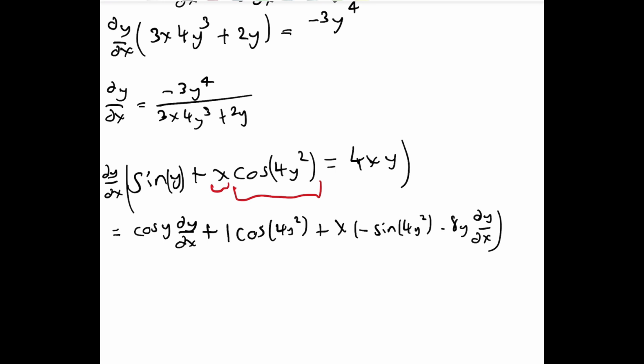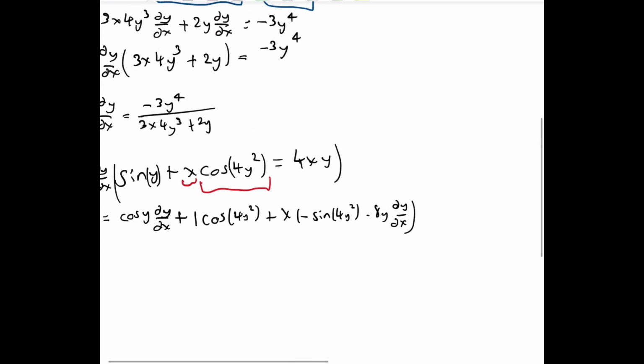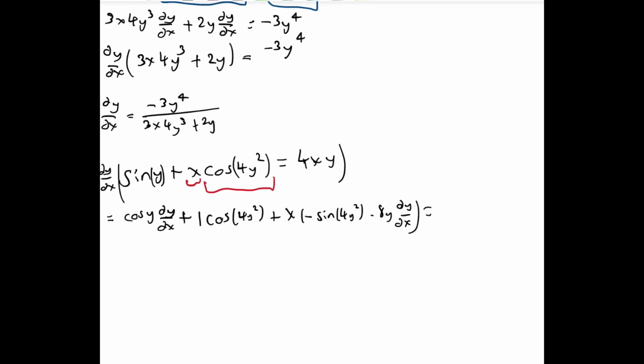And then all this equals another product rule. So 4x is differentiated, so 4, y stays the same, plus 4x stays the same, and the derivative of y is dy/dx. Now I will put everything that's got dy/dx in it on the left side, and terms that don't have dy/dx in them can be moved to the right side.